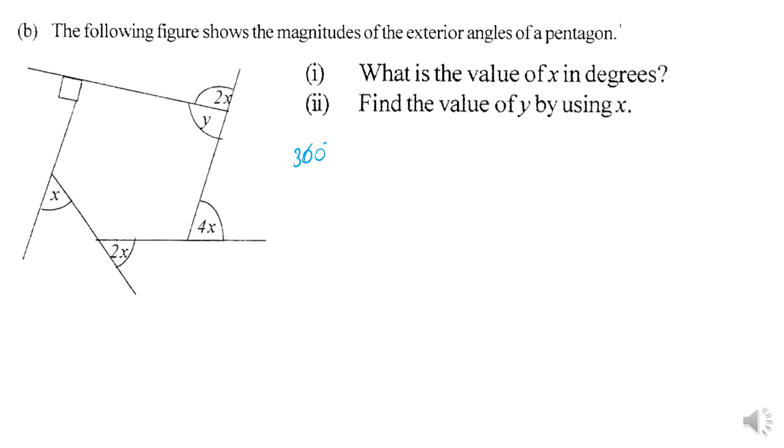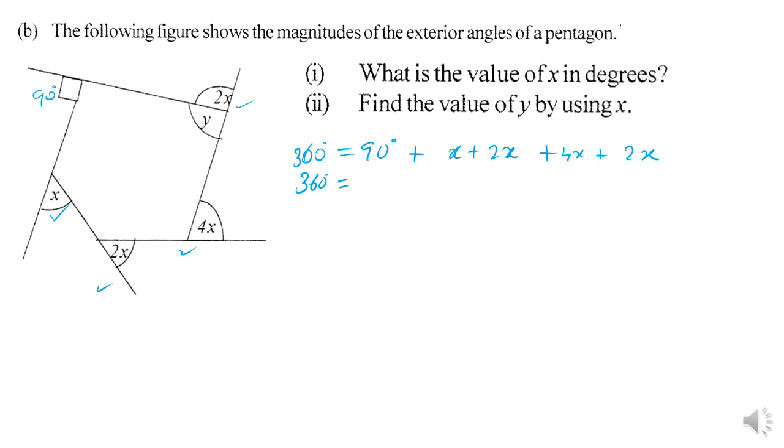Therefore we know that the sum should be equal to 360. Here you have 90 plus x plus 2x plus 4x plus 2x. You see, 90, x, 2x, 4x and 2x, right? And the sum of these is equal to 360.